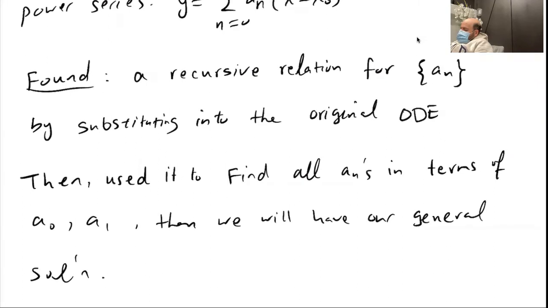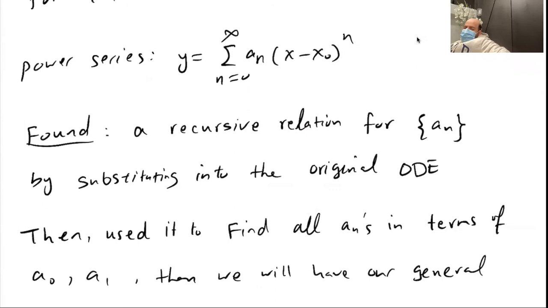Once you have all the coefficients in terms of a0 and a1, we can substitute into y equals sigma an x minus x0 to power n. Then you will have a linear combination of two linearly independent functions, like a0 times a function plus a1 times another function. And that will be our general solution for this second order ODE.